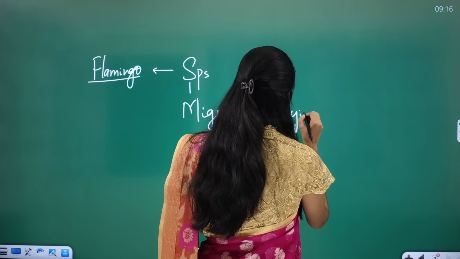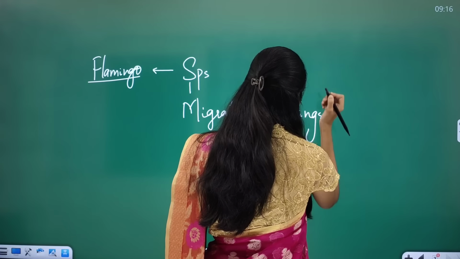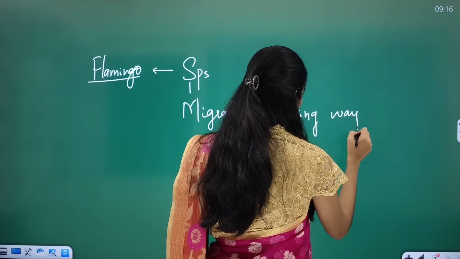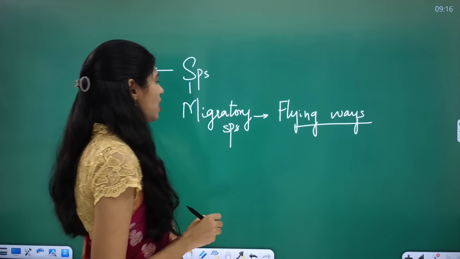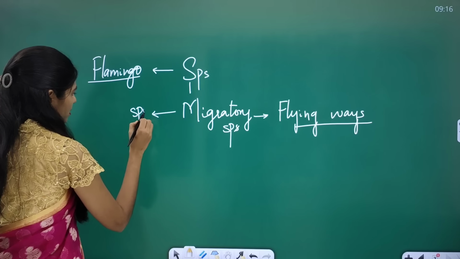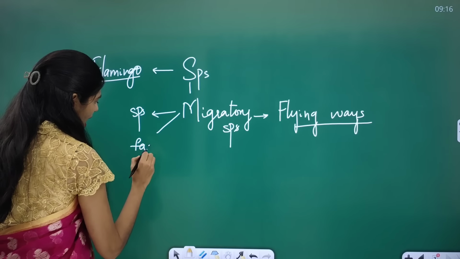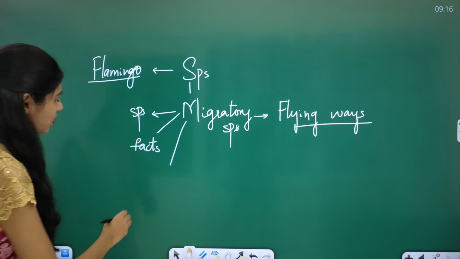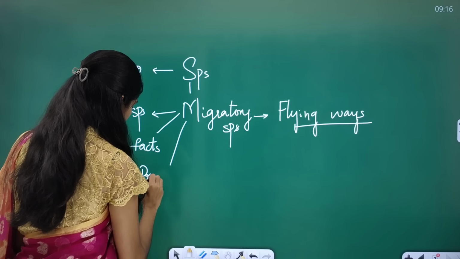flying zones or flying ways. And next one is you have to see what is the name of that species and some basic facts regarding that species, how can we identify that, and even protection status is important.